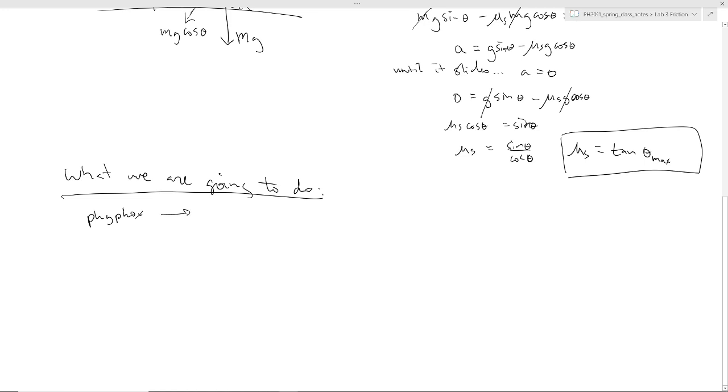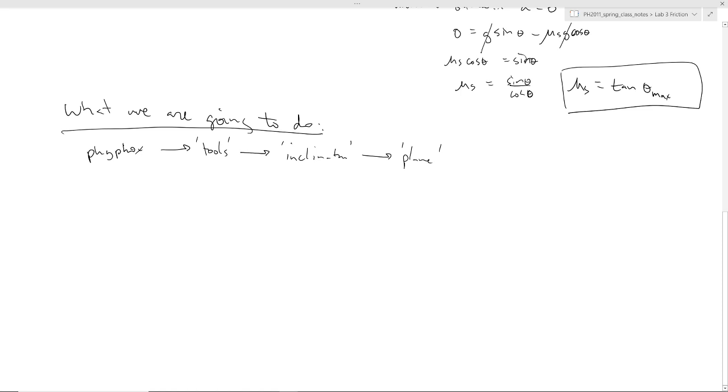And there's a link in the document about this. Under Tools, go to Inclination, and go to Plane. Okay. So we're going to use that to measure theta max. And then if you have theta, you can get mu s.